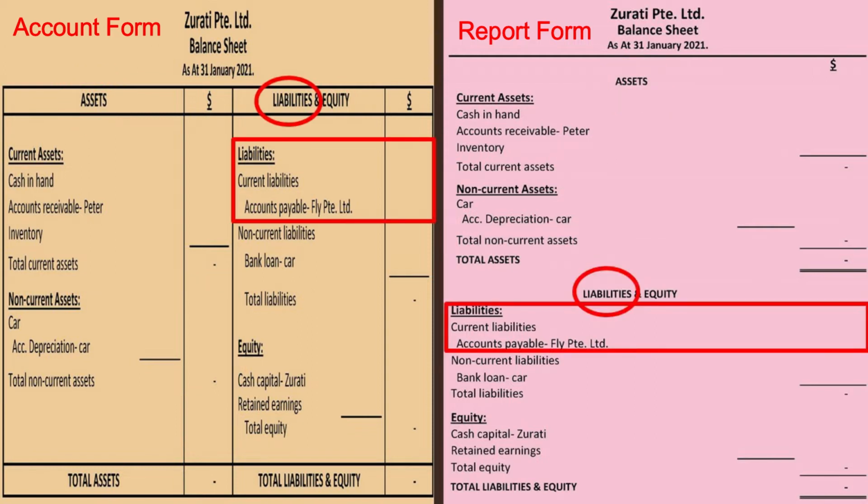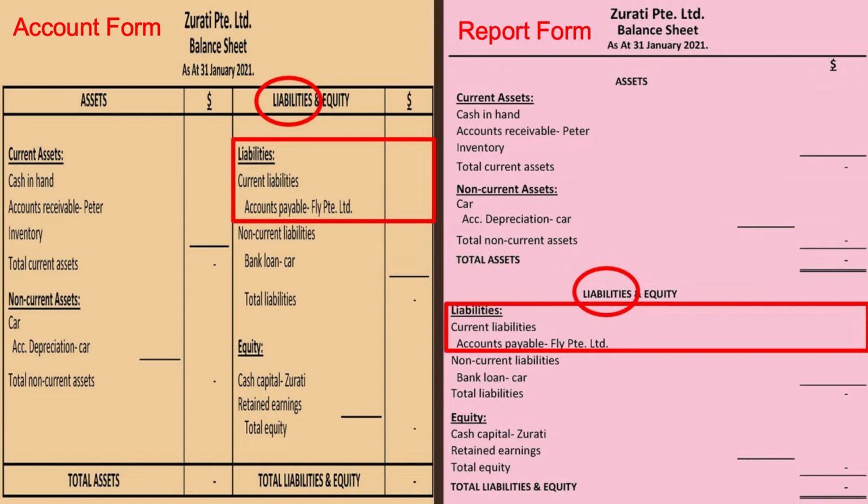Component number 2, liabilities. Liabilities refer to amounts a company owes to other businesses or individuals. Two types of liabilities: current liabilities and long-term liabilities. Current liabilities are the money that a company owes to outside parties that is due within 1 year.